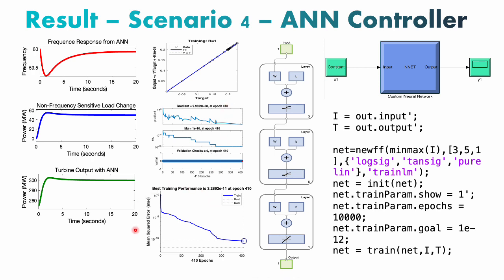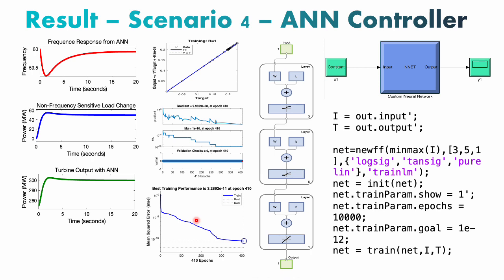Now, below is the training performance, where we trained the ANN to close to 1, but not exactly 1, because we were running a lot of iterations, and the iterations were taking a longer time to complete.